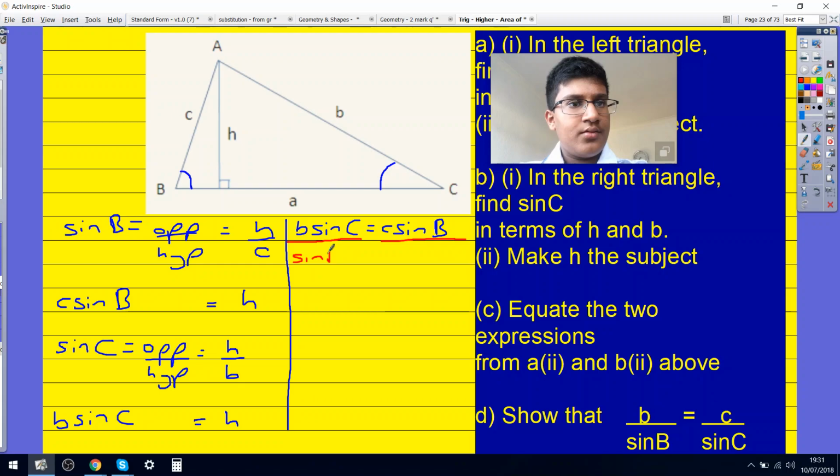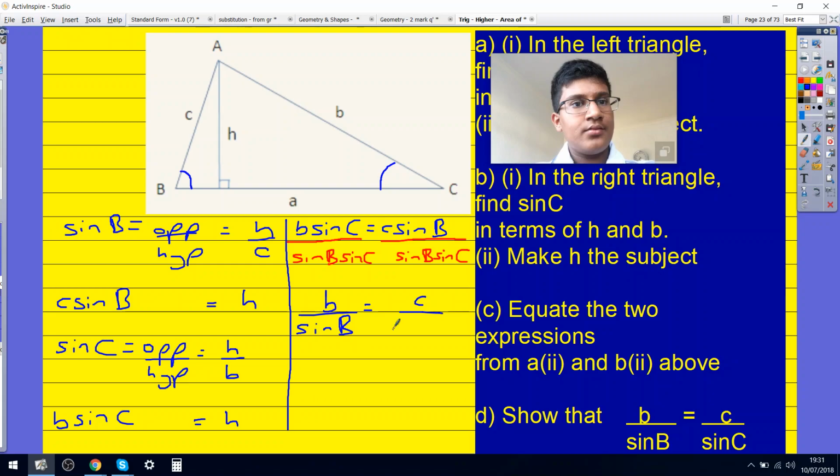Then the sine C over sine C cancel each other out, so on the left you get B over sine B. On the right, the sine B over sine B cancel each other out, so you get C over sine C.